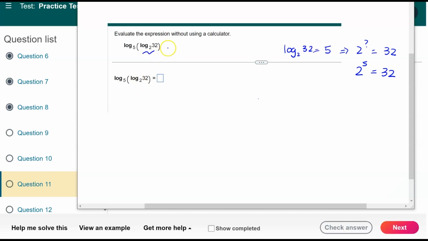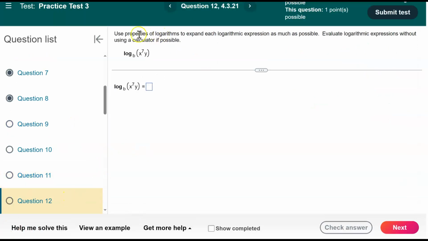So this is just equal to log of 5 base 5. Now, log of 5 base 5, how do you do that? You think of where to raise 5 to obtain 5. We know that 5 to the 1 is equal to 5. So this is equal to 1.